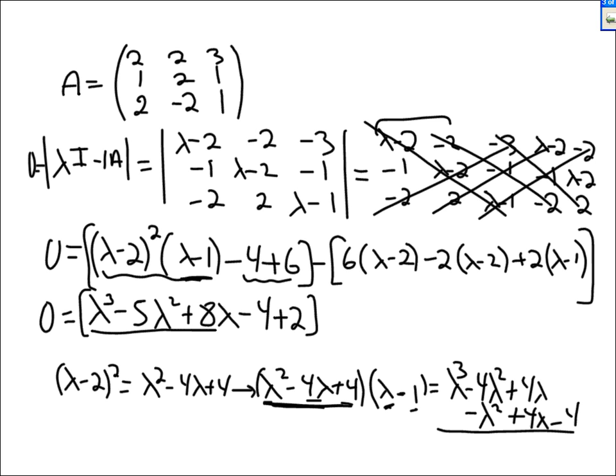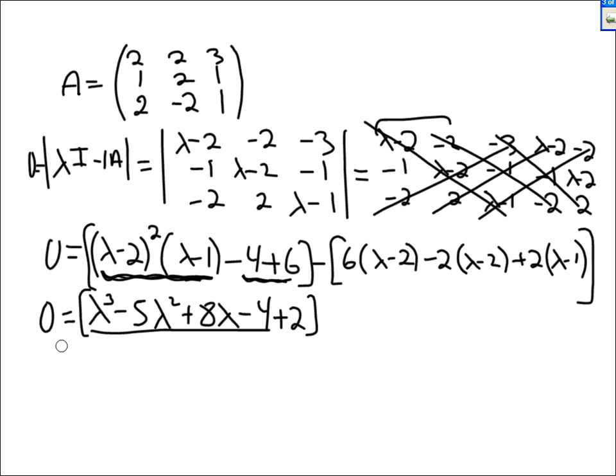This mess up to the minus 4 was just the product of those 2 factors. Now I took away 4 and added 6. That is, I added 2. Okay, let me get rid of my side work. Let's do some more side work. But first, just a very quick comment.